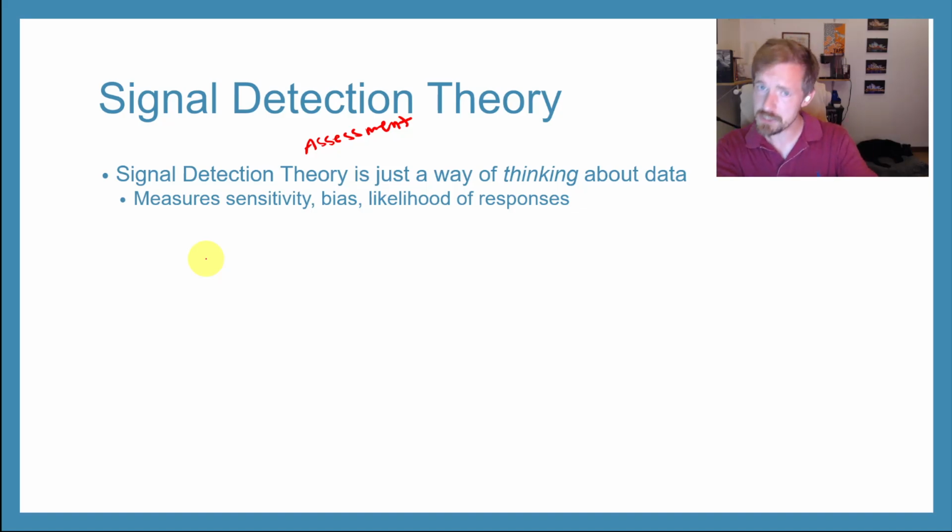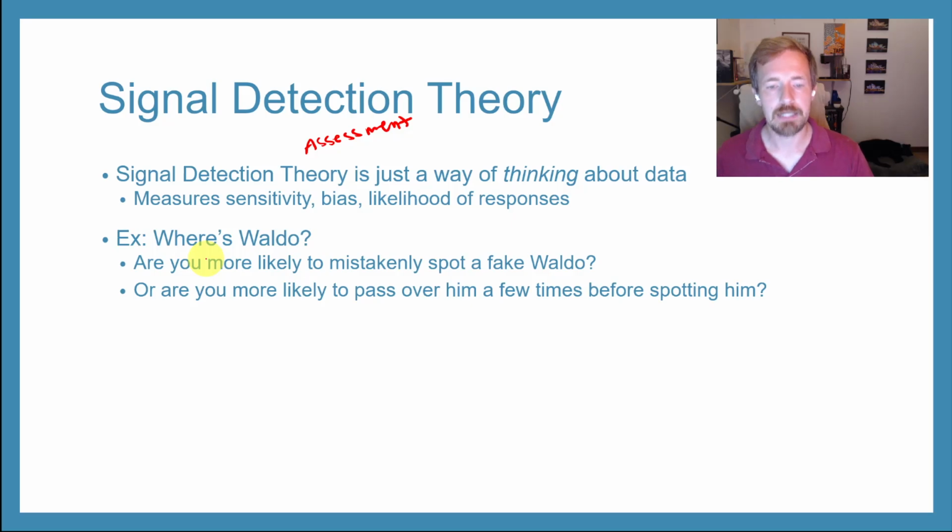Signal detection theory is going to tell us about bias, tell us about likelihoods, as you'll see in a moment with a really vivid example with Where's Waldo. Basically, instead of thinking about behavior as an average or a mean, we can think about behavior as a false alarm or a correct rejection. You'll see what I mean.